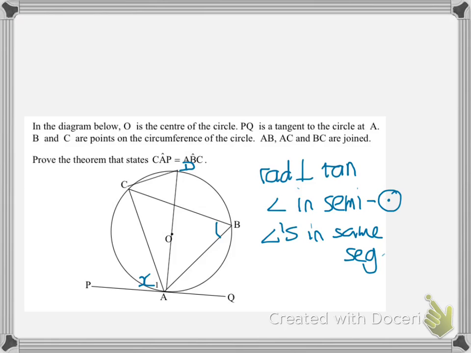So if we start, let's look at the radius perpendicular to tangent. Well, that would mean that that angle's 90. The angle in the semicircle would mean that is 90.